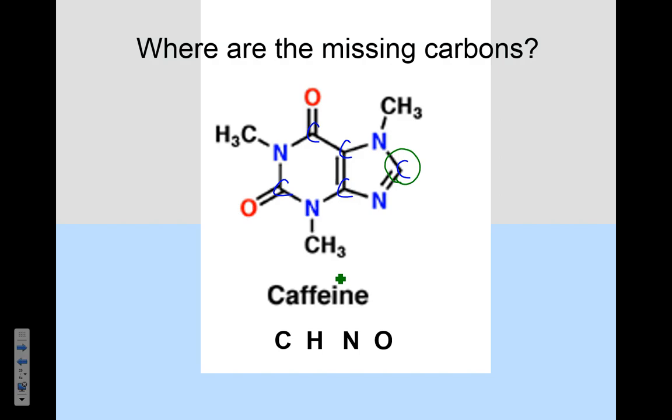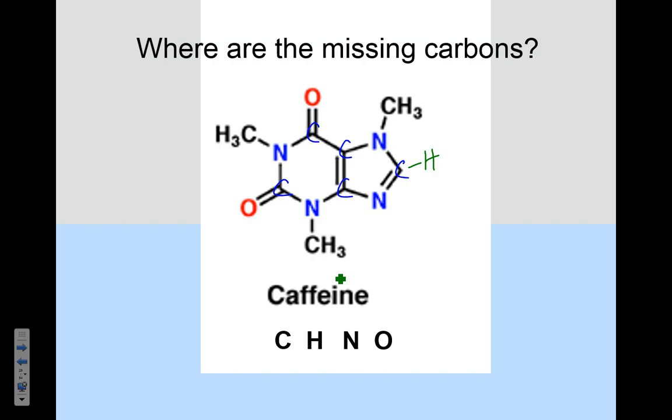Besides the fact that they deleted the carbon in this position, the other thing they do, because they realize that if you really know chemistry you could figure it out, is that at this position we actually had a hydrogen. So anywhere where you see 3 lines to a carbon, we actually have a hydrogen there as well.